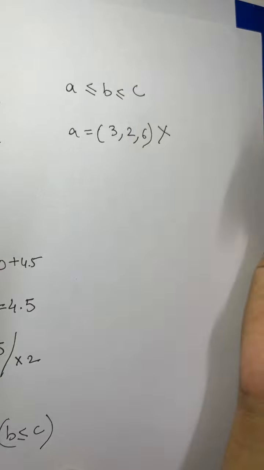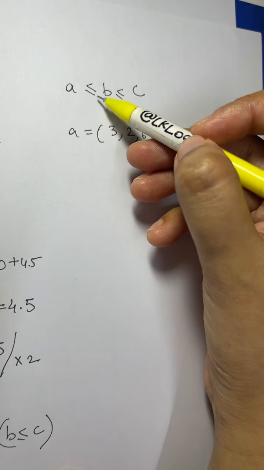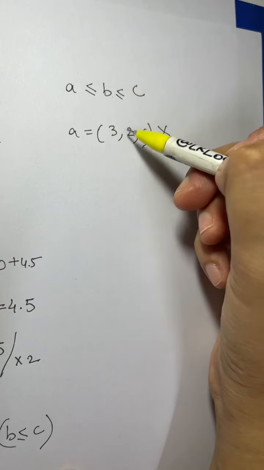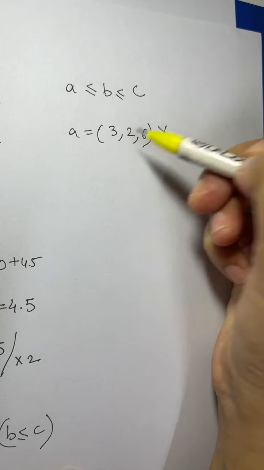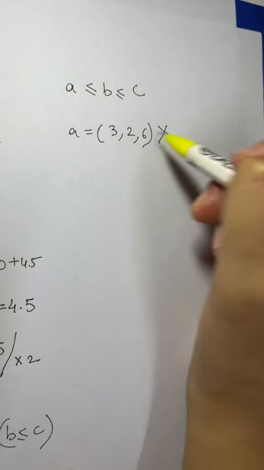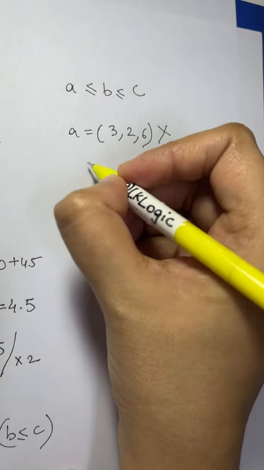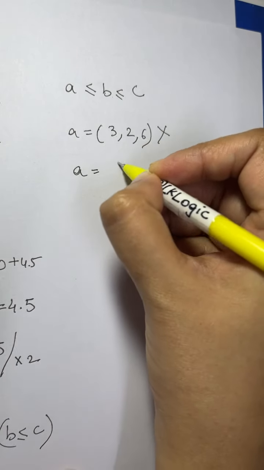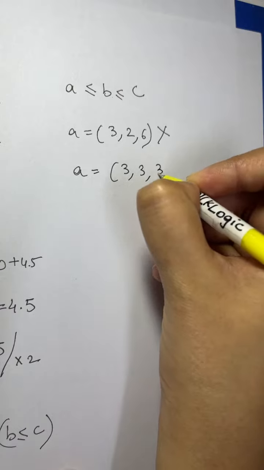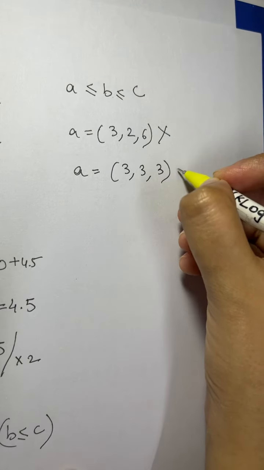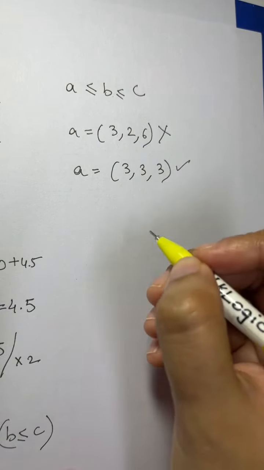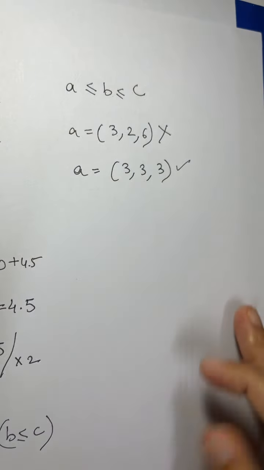No, because A is less than or equal to B is less than or equal to C, and here 3 is more than 2, so this solution is not possible. So 3, 3, 3, yes, we can go ahead with this.